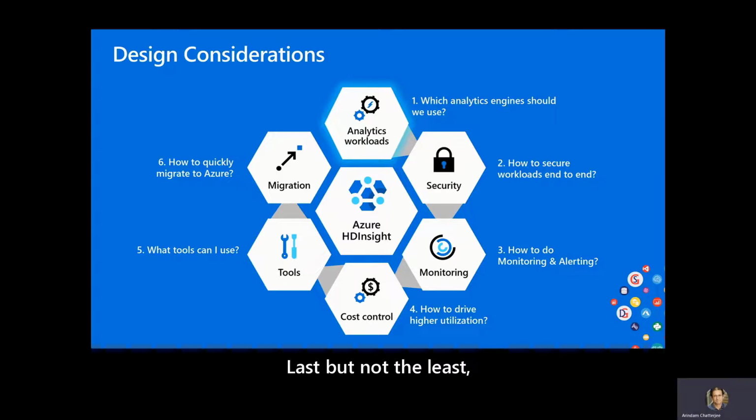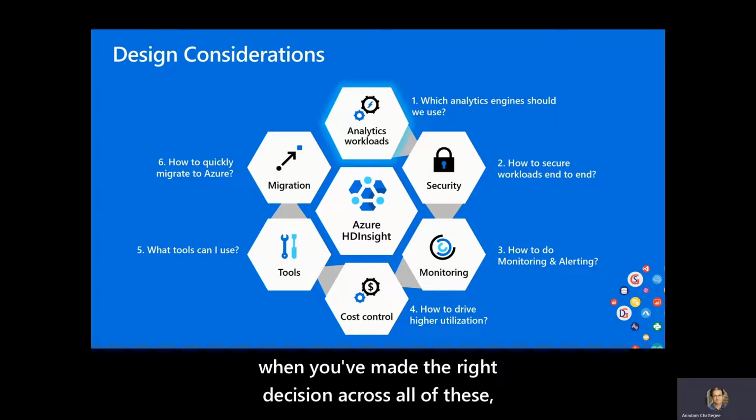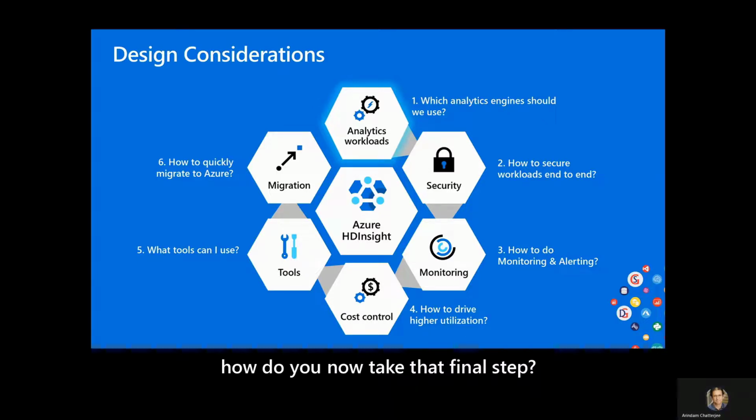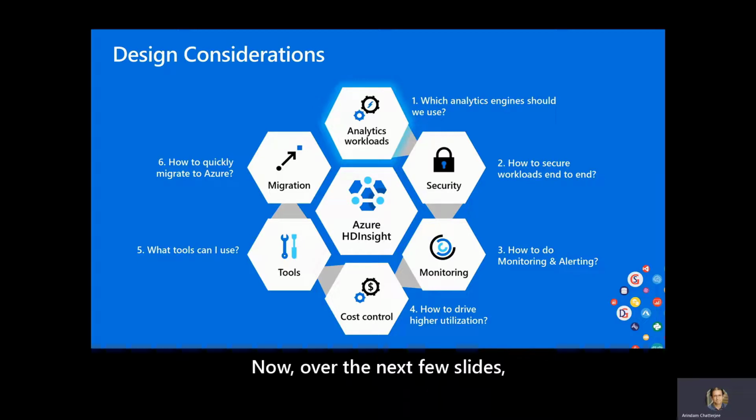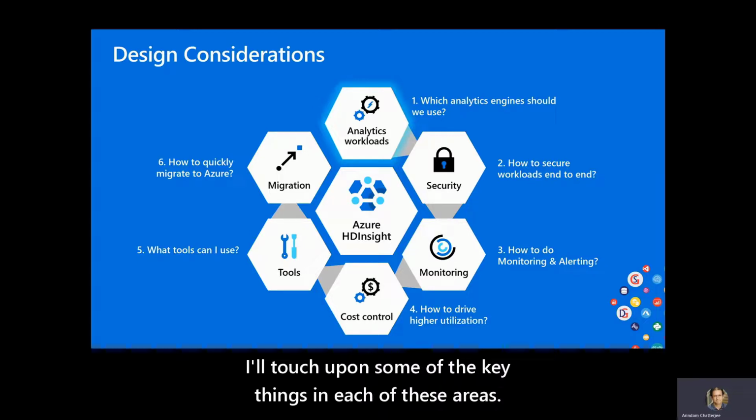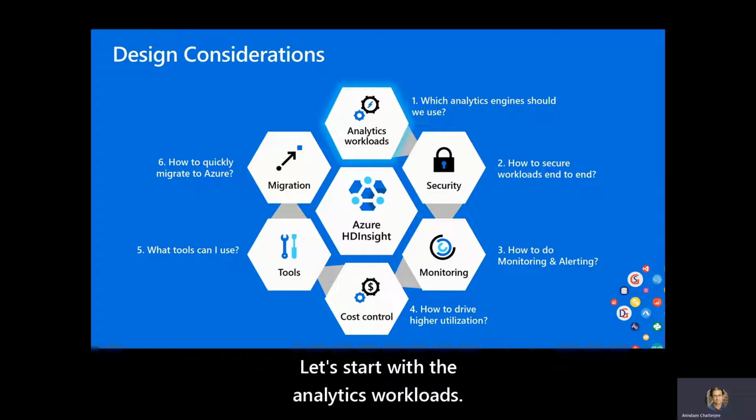And last but not the least, when you have made the right decisions across all of these, how do you take that final step? How long does that final step take for you to move your applications from on-premises to the cloud? Now, over the next few slides, I'll touch upon some of the key things in each of these areas. But let's start with the analytics workloads.